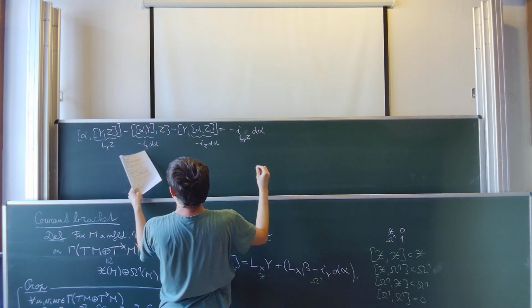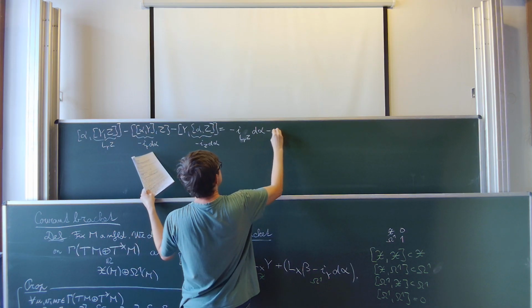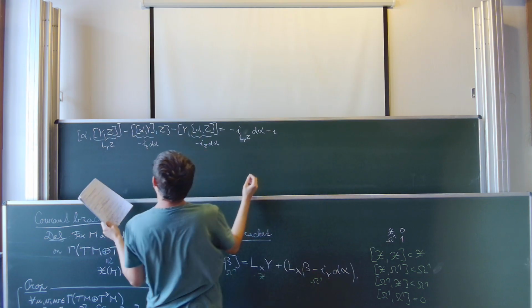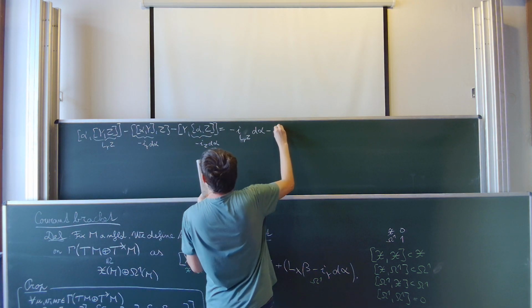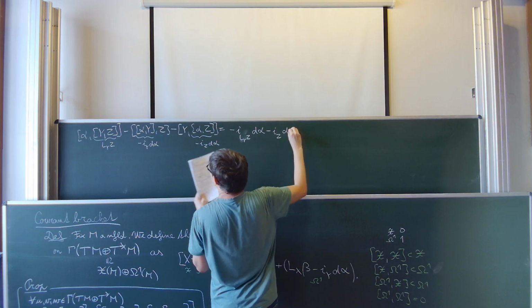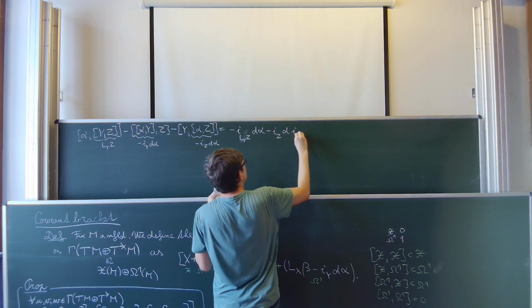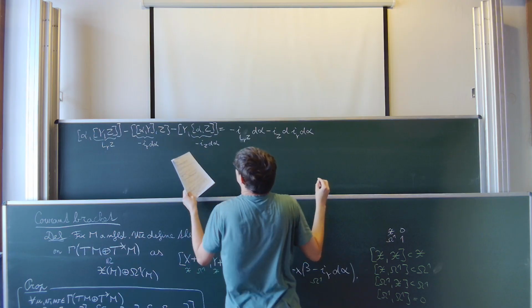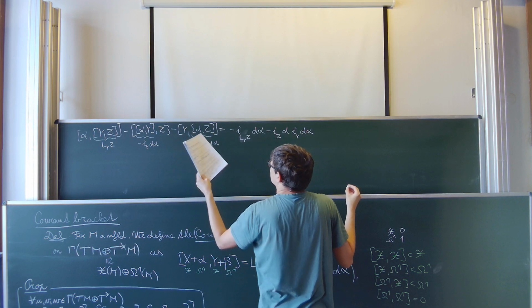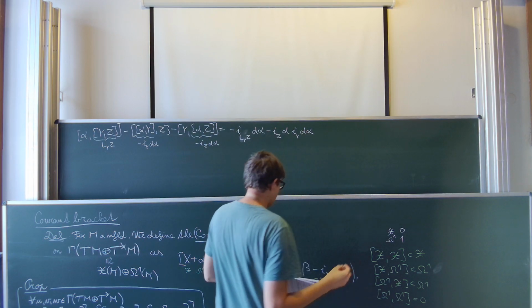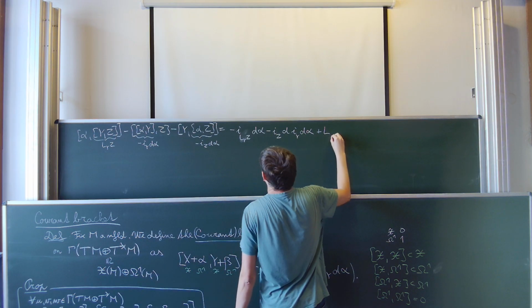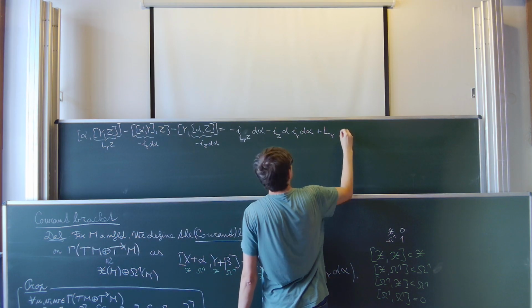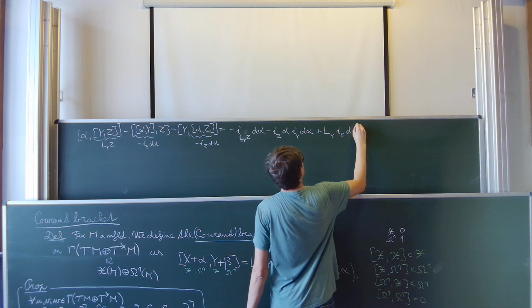This guy is the same thing, so we have minus I Z of d of that. And here we get a vector and a one form, so that's the Lie derivative of Y of I Z d alpha.